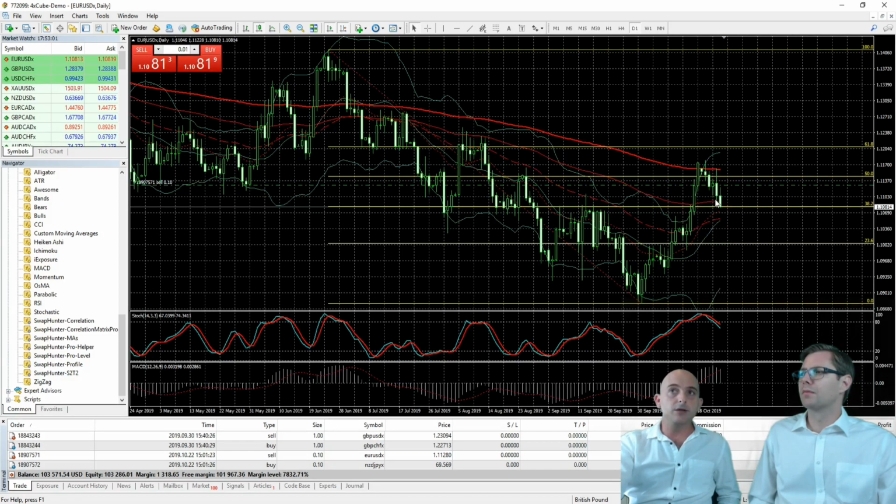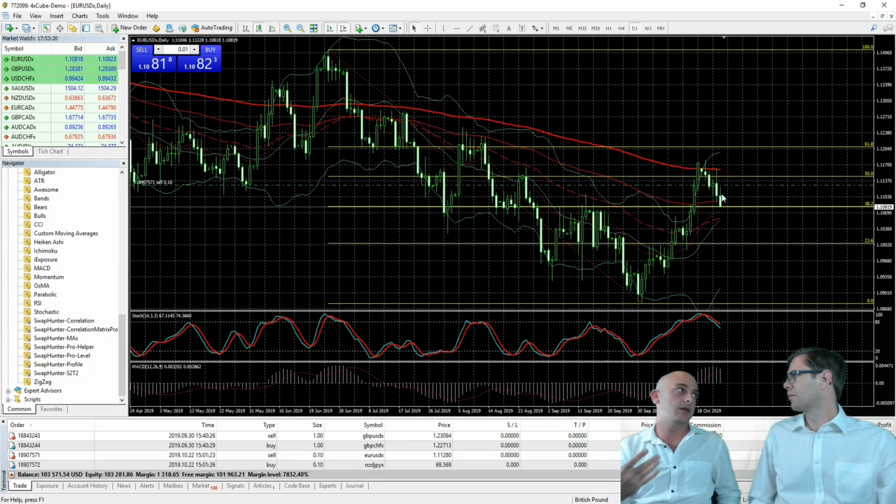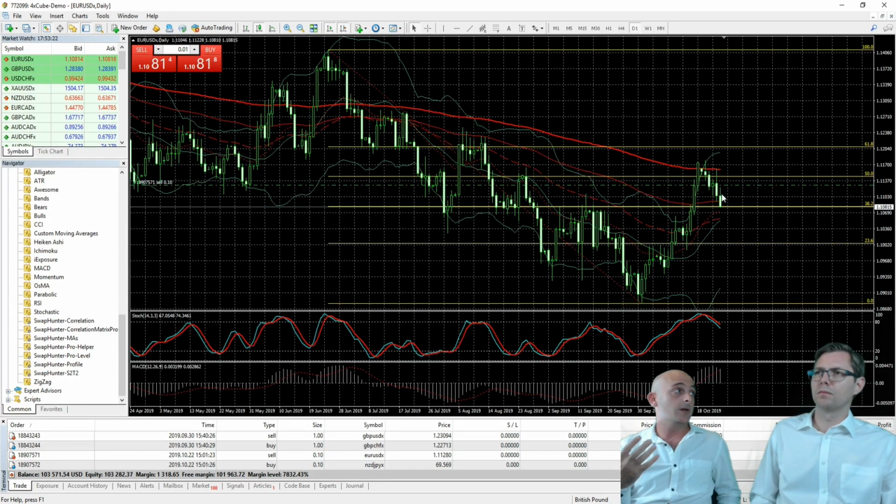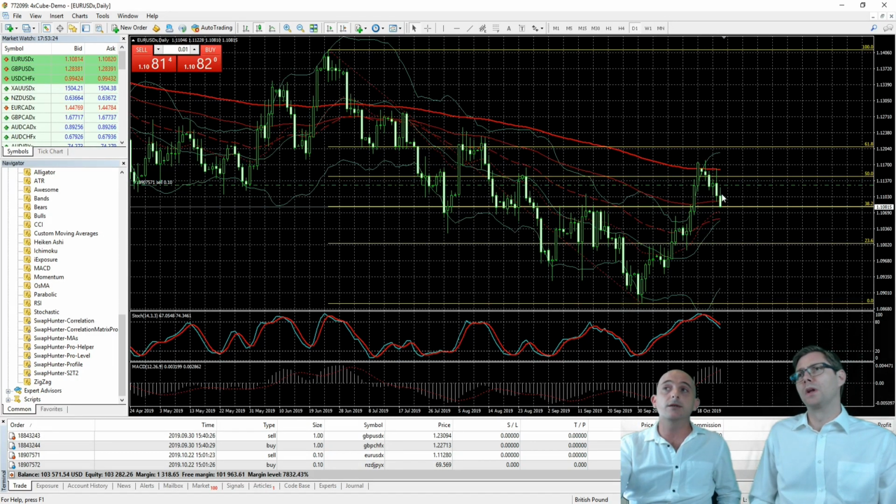And yesterday we had the monetary policy meeting from the European Central Bank, where they could have cut rates, but they didn't. They left the interest rate at zero. So no changes there. And maintaining an interest rate is, fundamentally, a bullish piece of data.